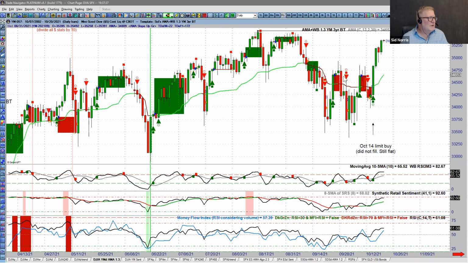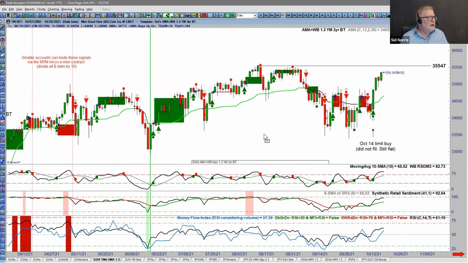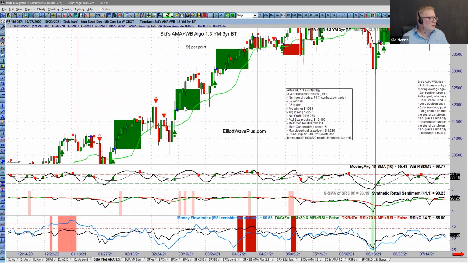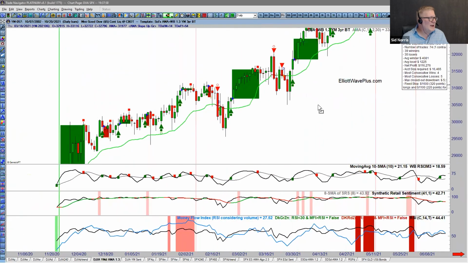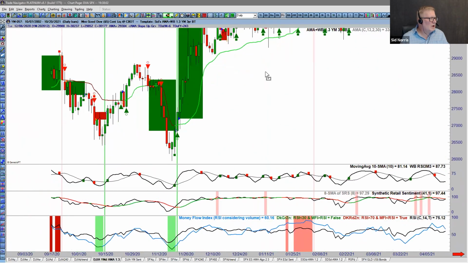And so these big green blocks, those are winners. The dark red blocks, those are losers. And as you go back in history, you'll see that the green blocks on average are far larger than the red blocks.